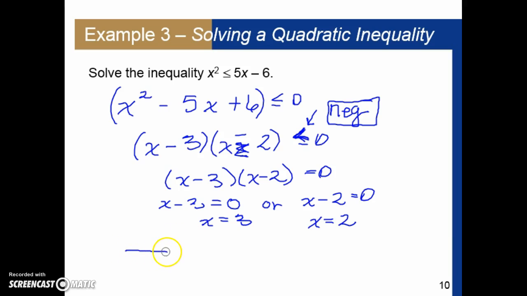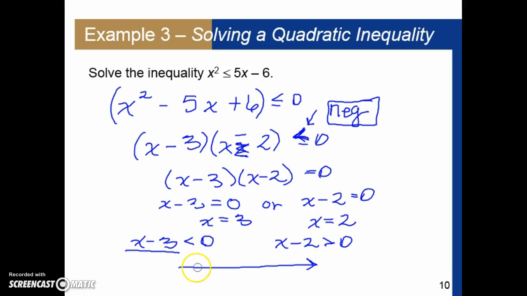So I need negative values out of x minus 3. I need to know where x minus 3 is negative, and at the same time, where x minus 2 would have to be positive, because a negative times a positive gives me a negative. So that's pretty complicated to do.